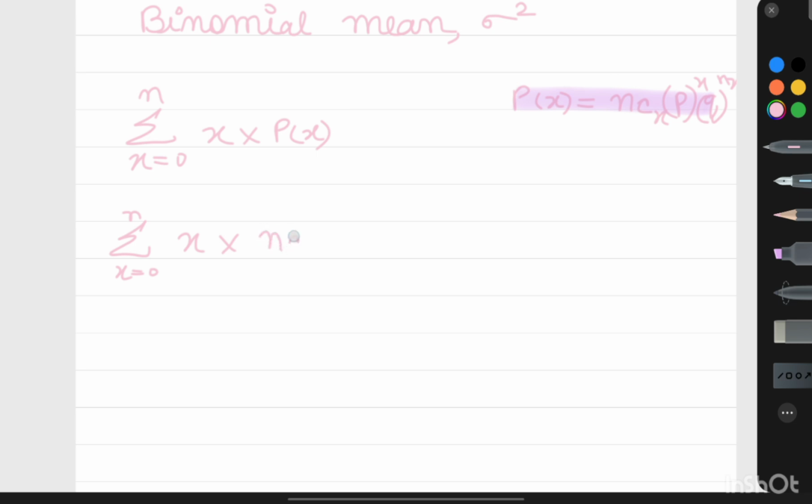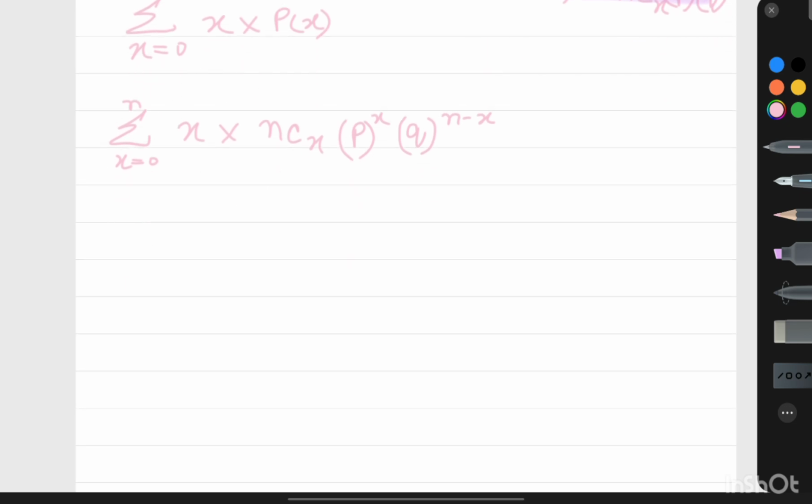So nCx p^x q^(n minus x). This is the formula of the binomial distribution. I have taught it earlier. And now we are going to substitute the value of nCx. The formula of nCx is n factorial upon (n minus x) factorial times x factorial.